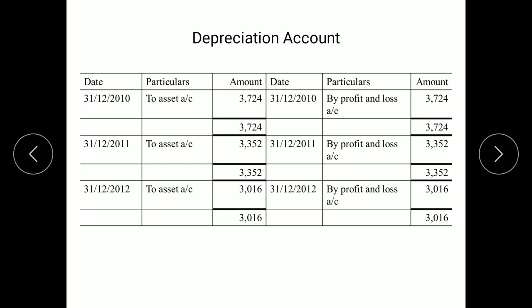So by profit and loss account 3,724. Again in the second year, it will be debited with the amount of depreciation of the second year, and then it will be transferred to profit and loss account. Same thing in the last year, debit the depreciation account with the amount of depreciation of the third year, and then this amount is to be transferred to profit and loss account.